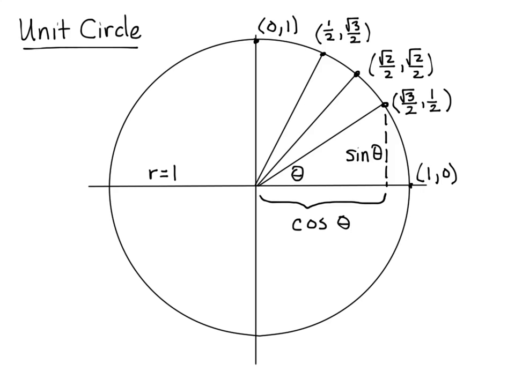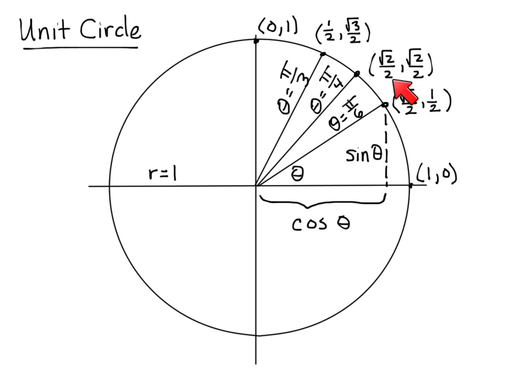And this should be the thing that burns in your brain. This becomes second nature this semester, where if I'm looking at the cosine as being this x dimension here, then for these three angles, for pi over 6, the cosine is square root of 3 over 2.